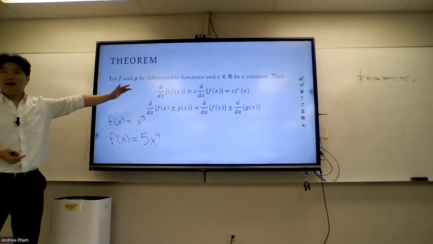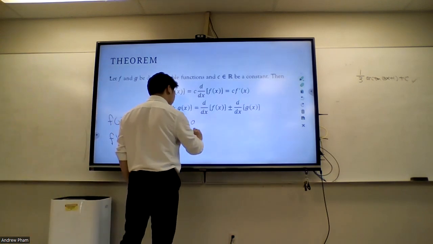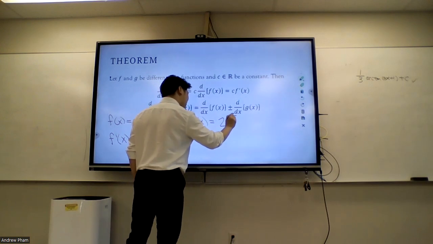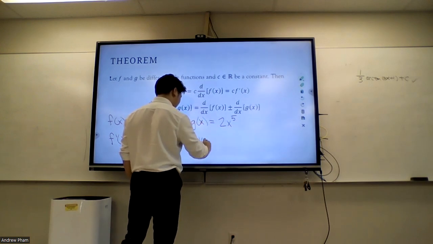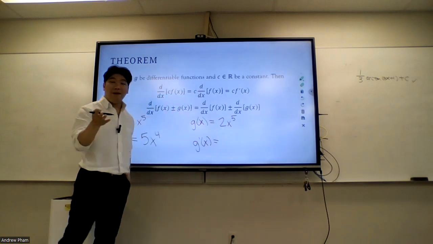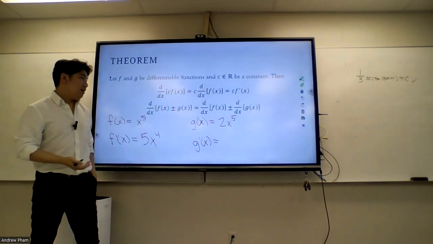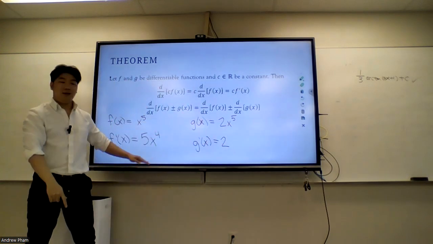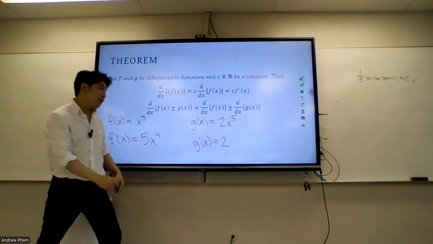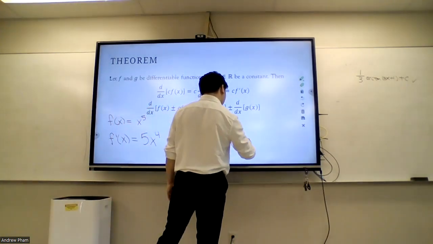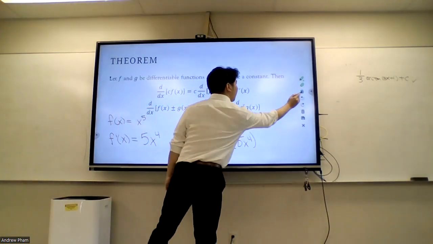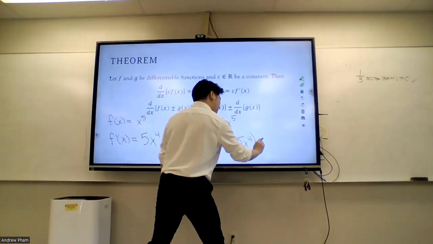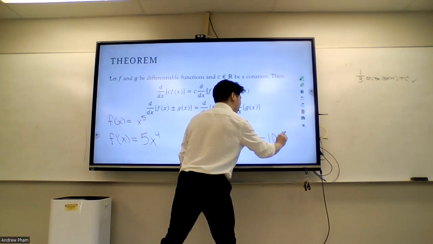All this top one is saying is, what if instead I had g of x was 2x to the fifth power? Since 2 is just a coefficient, a constant, then it's just 2 times the derivative of x to the fifth, which was 5x to the fourth, which is 10x to the fourth.